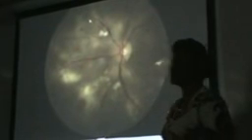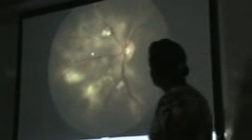Now, if you remember, trying to recall our talk this morning, venous beading, up there, sausage-shaped vein, yes, venous beading, that's a sign of severe retinopathy. Cottonwool spots everywhere. Cottonwool spots are not really indicative of the severity of diabetes, but they show that there's something else going on, like high blood pressure.